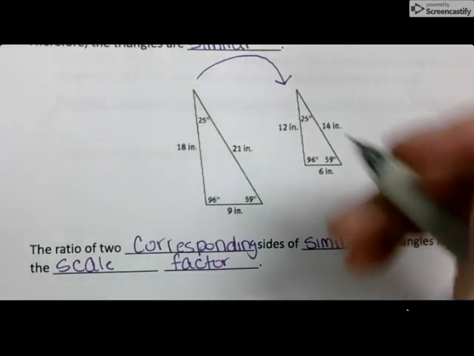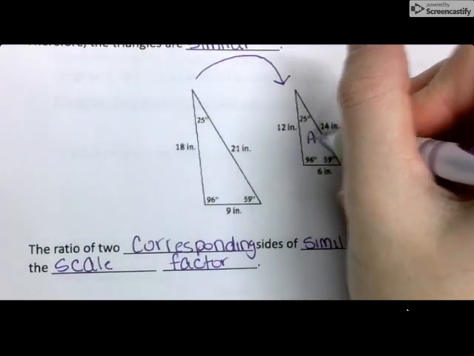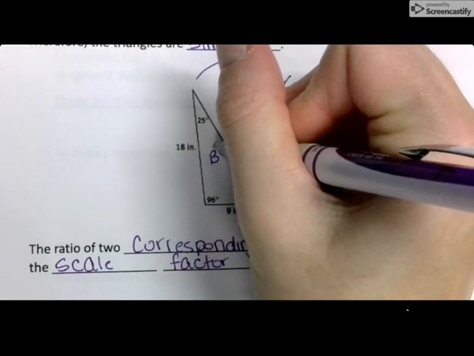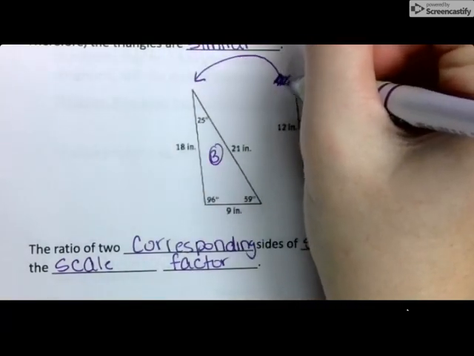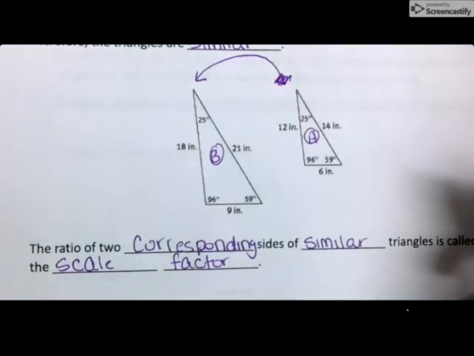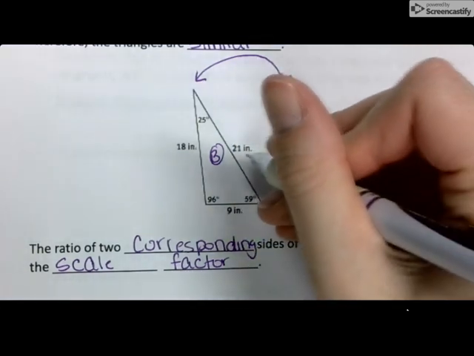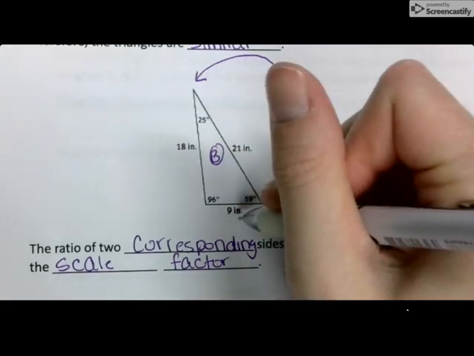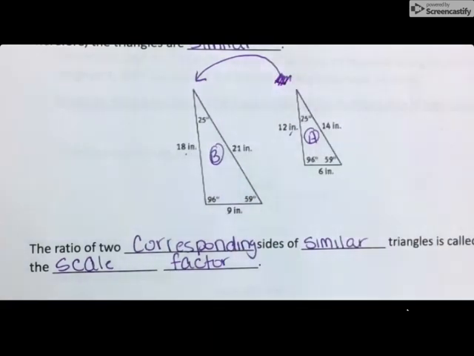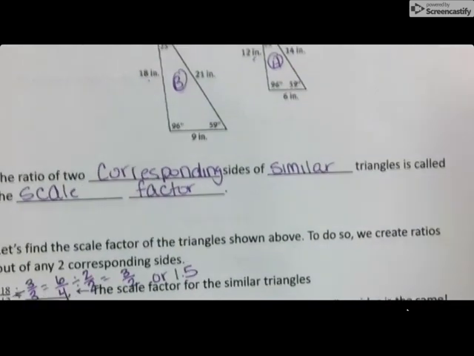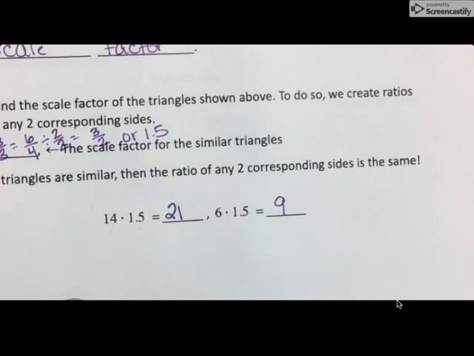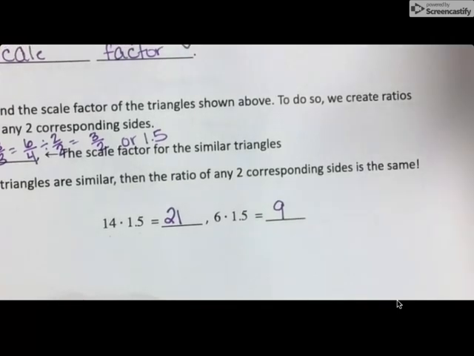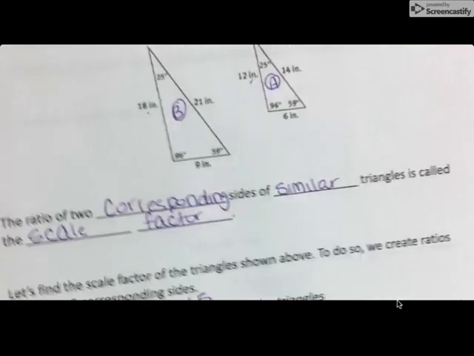So this is actually our A. This is our B. And you are going from the small to the big, right? 14 times 1.5, 6 times 1.5, 12 times 1.5. Okay? And that's all that we said down here. So that's all that that's saying. It's a lot of words for what's going on. So let's try the next page.